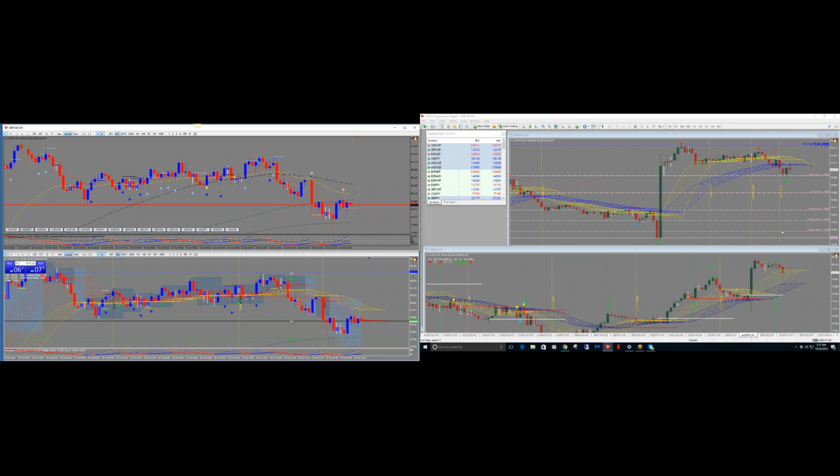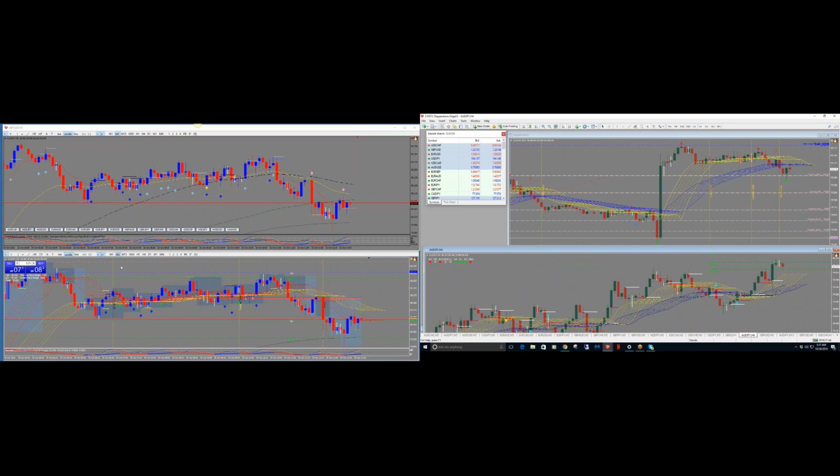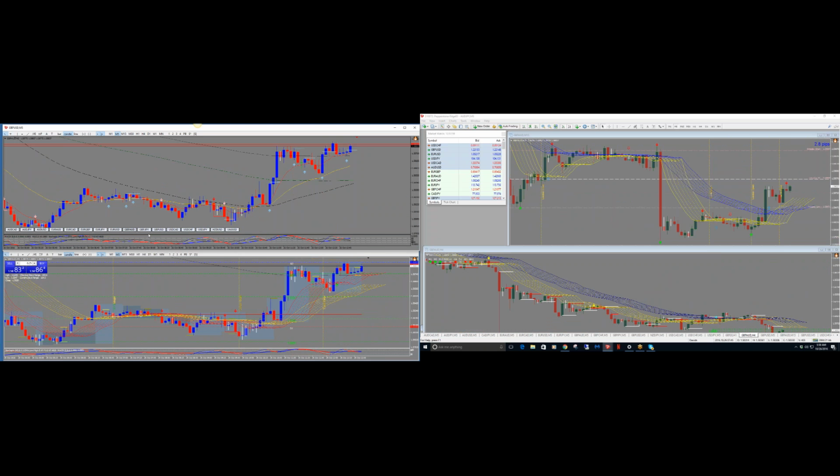So now I'm looking at the 1 hour, the 15-minute, and I can change these times to whatever I want. So if I want a 4 hour, now I go to the pound Aussie, and I have a bird's eye view of all the different time frames, so I know exactly where I'm looking to go.